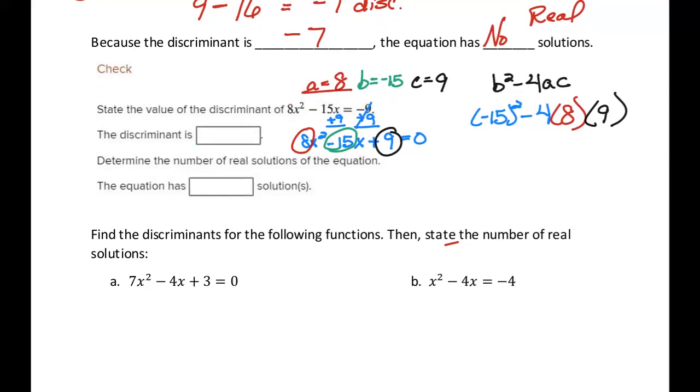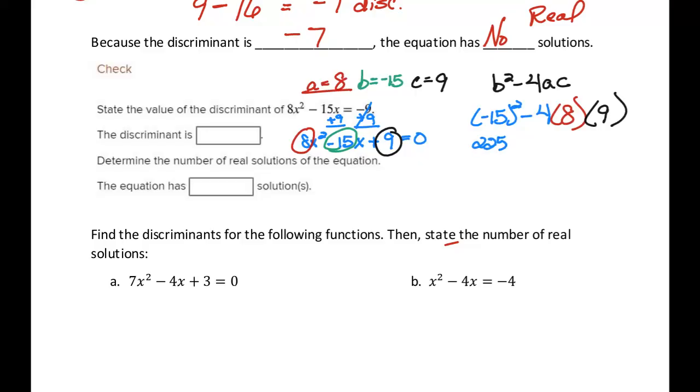We got some big numbers here. Quantity, negative 15 squared. Edgar, I don't think that's a calculator. What is 15 squared? Negative 15 squared. 225. Is that positive or negative? Positive. Anything squared is always positive.